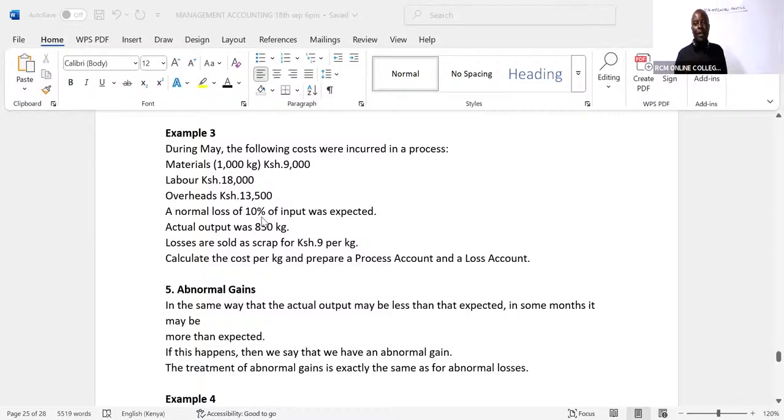What do you think will be the very first thing for us to do to tackle this question effectively?